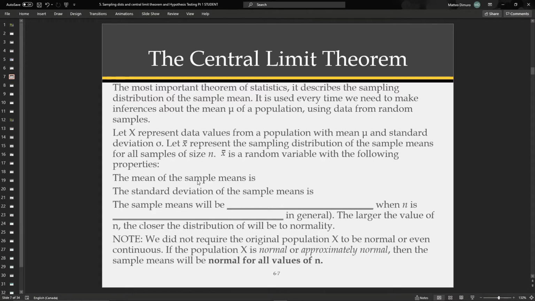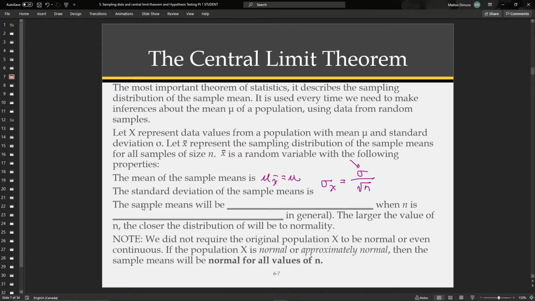The mean of sample means is mu. We found that when we took the mean of all the sample means, we got the population mean. The standard deviation of sample means is sigma divided by the square root of n.